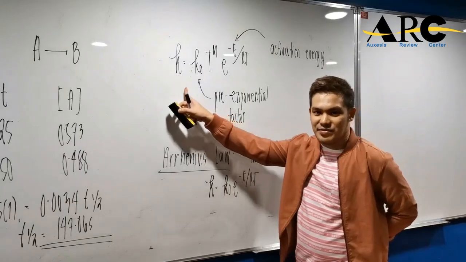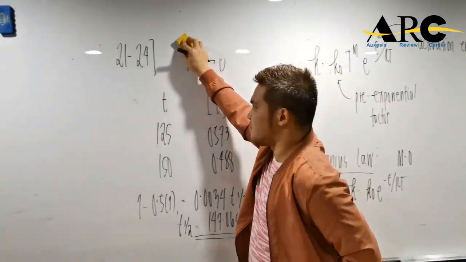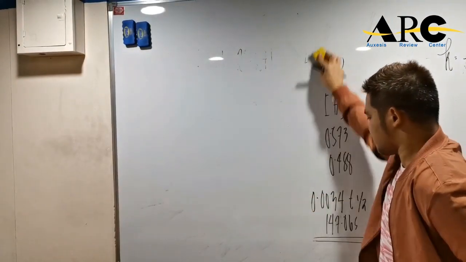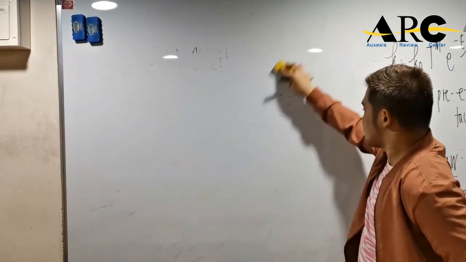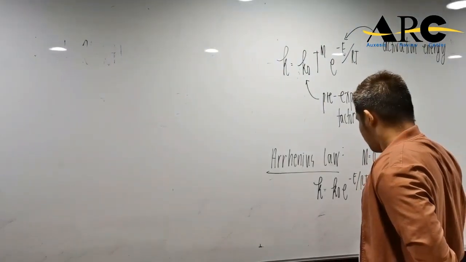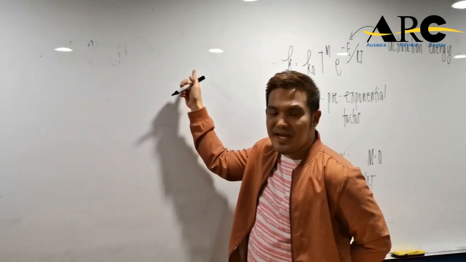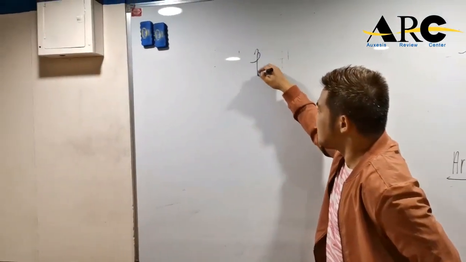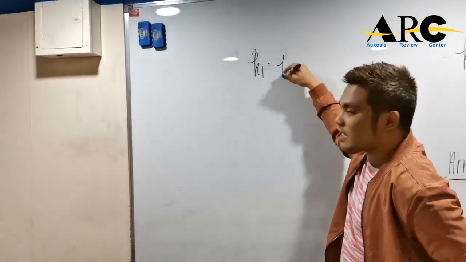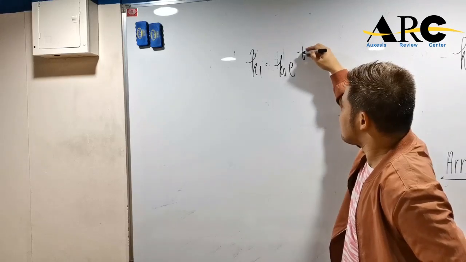So, balikan natin yung original equation. So, kapag meron daw tayong temperature T1, meron tayong rate constant K1.